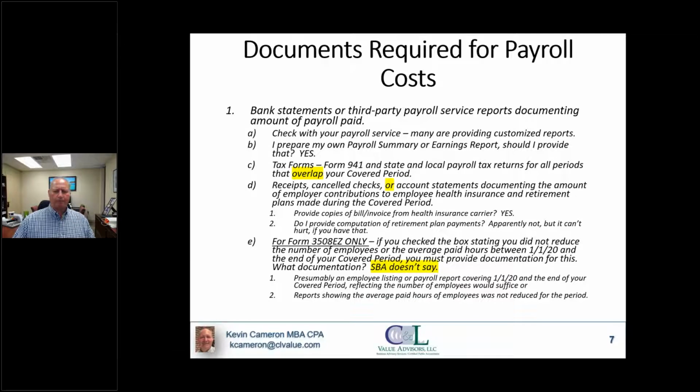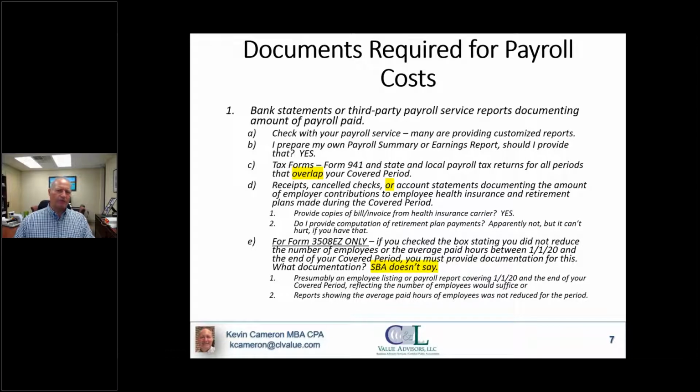So for example, let's say that I contributed $50,000 to my retirement plan for 2019 for an owner employee. If I follow the 2.5/12 cap, the cap on the contribution for that employee is roughly $10,400. Let's say we paid $20,000 for that person during our covered period.